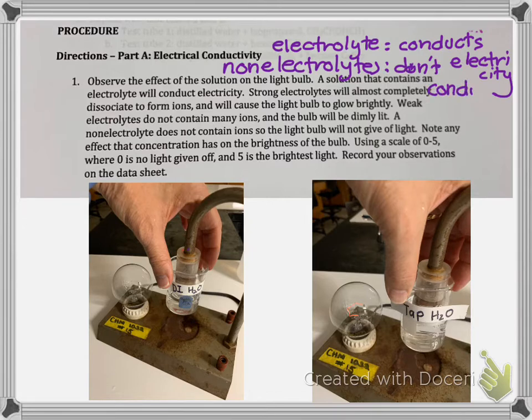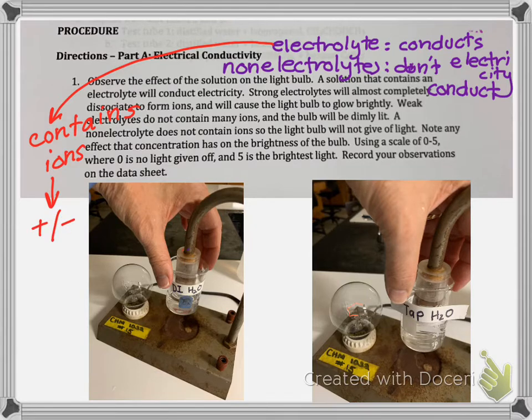Now, what makes a solution conduct electricity are ions. So an electrolyte contains ions. Remember, ions are charged particles, plus or negative, and we can usually identify these types of substances because they will be ionic, or they'll have metals and nonmetals for the most part.